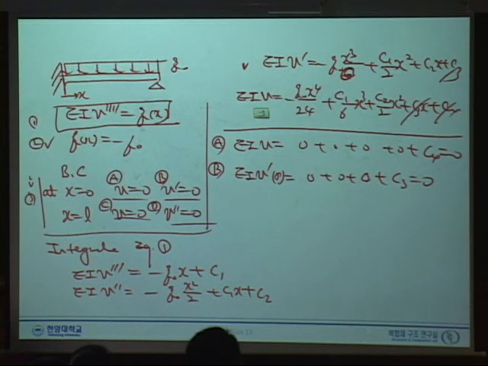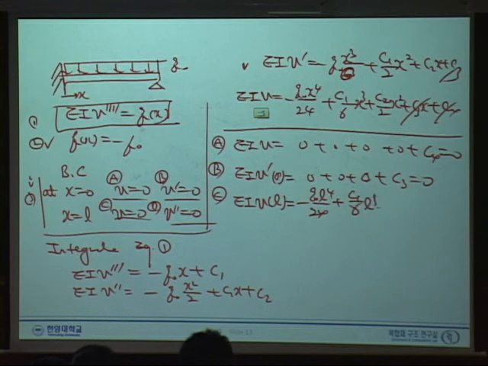Now using equation C at x equals L, V equals 0. So using this one, EIV at x equals L: minus Q0 L^4 over 24 plus C1 L^3 over 6 plus C2 L^2 over 2 equals what? 0. Right?